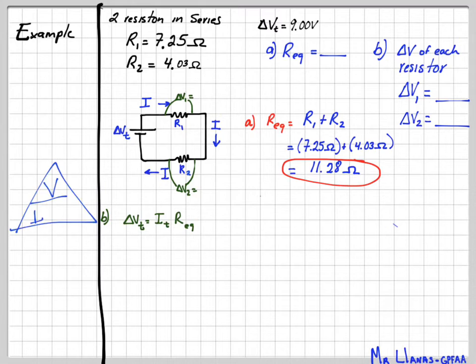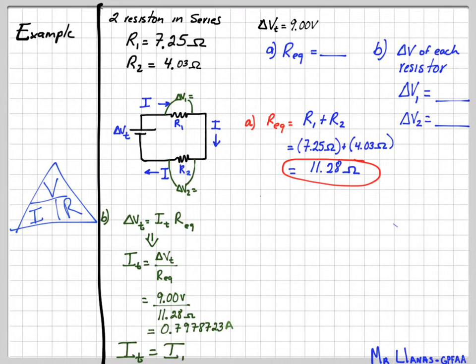So in order to find the current, we manipulate the equation. We get the total voltage over the equivalent resistance, because of this little triangle here, or Ohm's law. And if we plug in the numbers, that gives us the current, which equals the current throughout the circuit because it's in series.